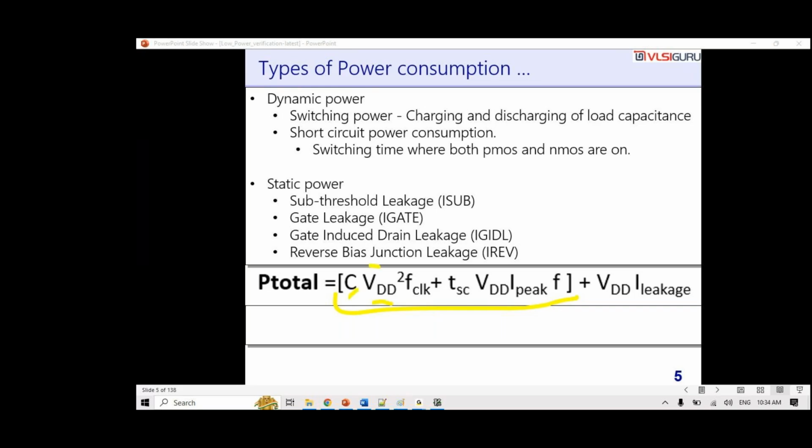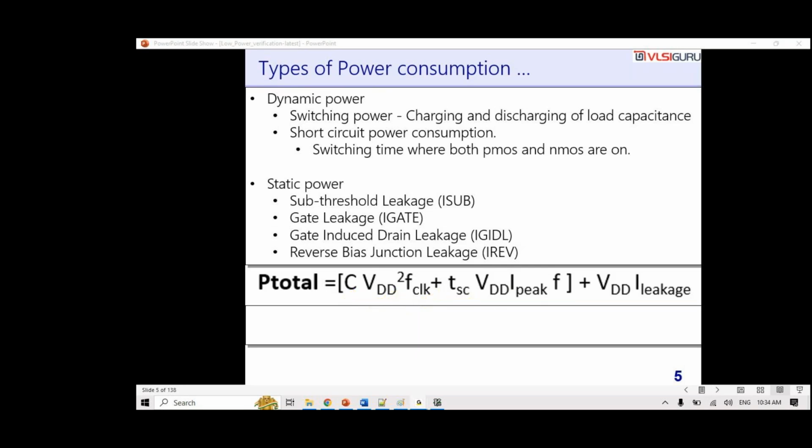One is VDD, one is frequency, one is I peak. You would be aware that I peak is related to VDD only, as the current is related to the drain source voltage. So essentially it comes down to three things: capacitance, voltage, and frequency.